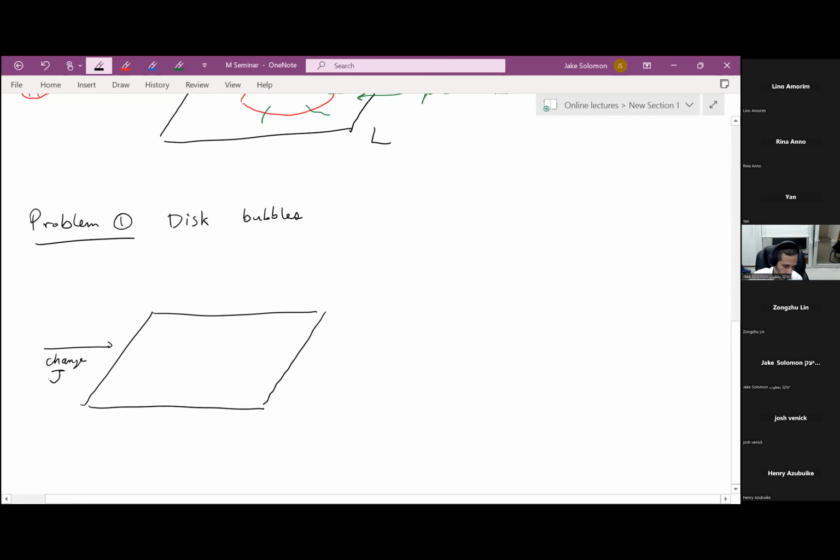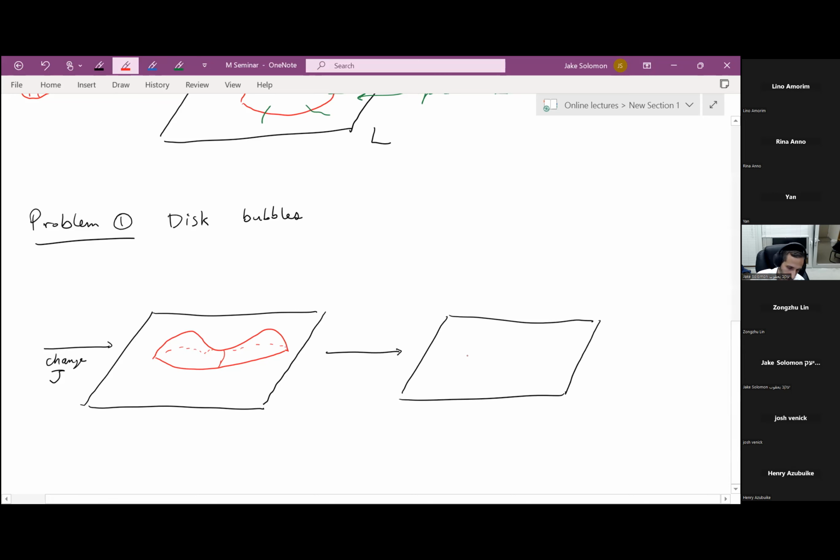You could change J, for example, and then the disk could change a bit, and at some point it might develop a neck here in the middle. Then you keep on changing J, and this neck squeezes to a point.